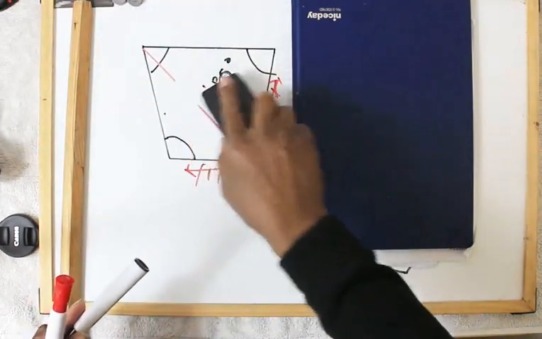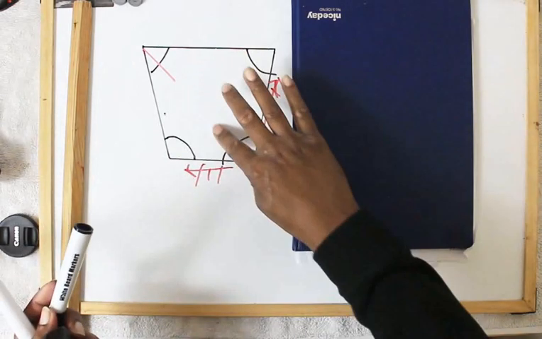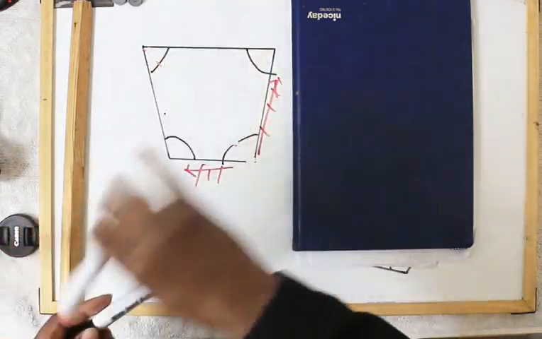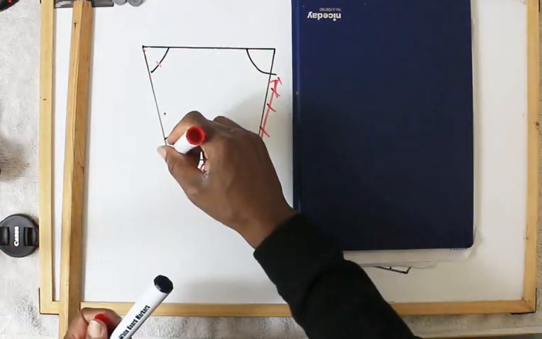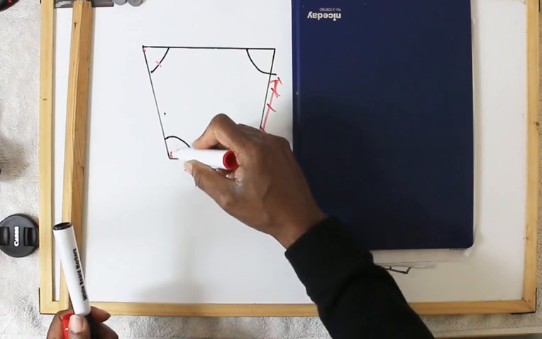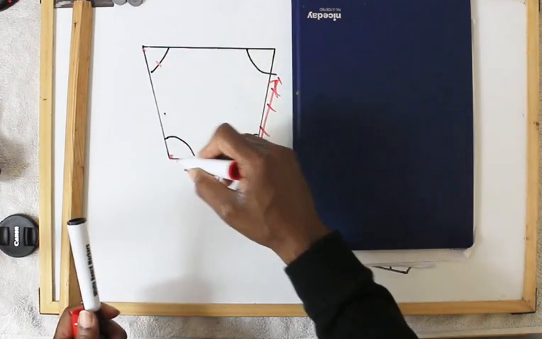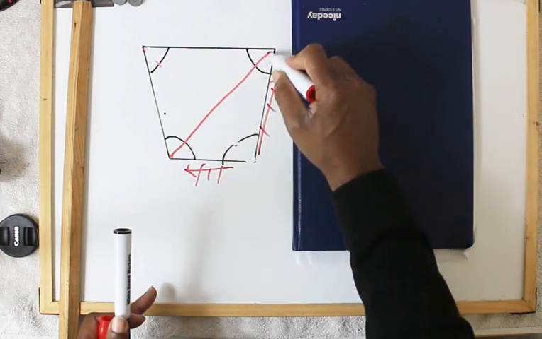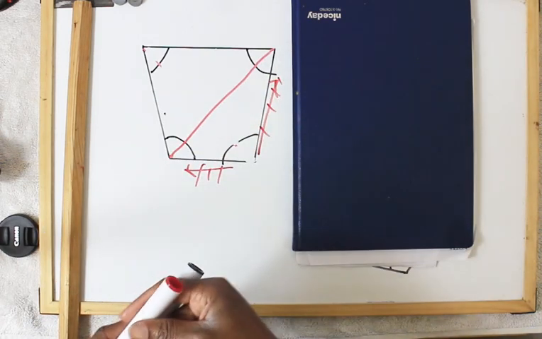You could, if you wanted to, choose another corner or another angle from which to start. You could start from that angle, and again, you can't go along an edge, so you have to go like this through to another angle. And there you go.